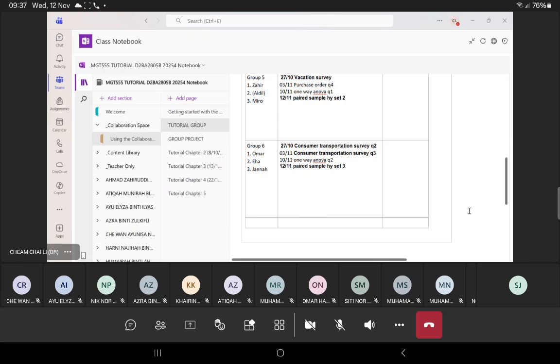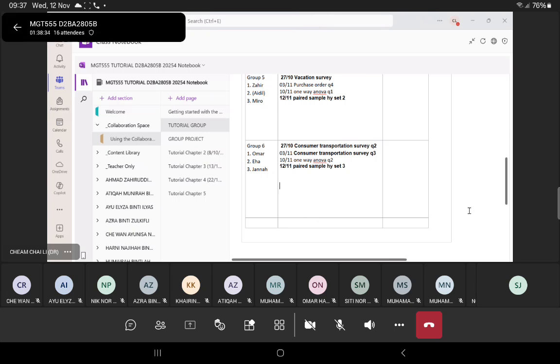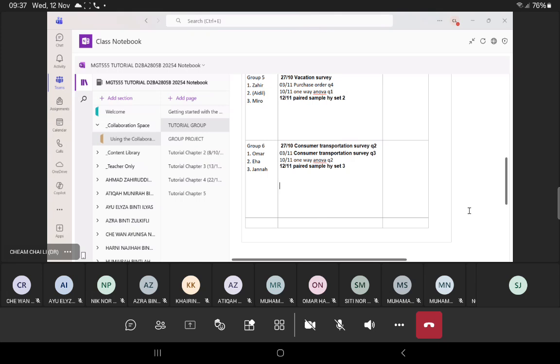Any questions? So next week, I will give you the link for you to collect the data. This data, you need for your group project, yeah. You have to collect the data and then use the data to analyze.